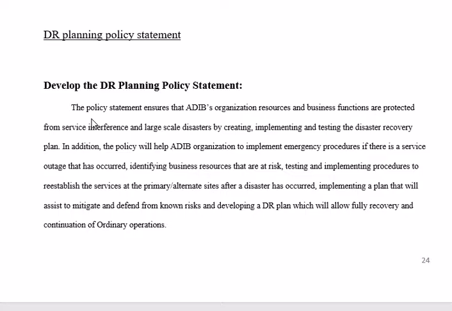The policy statement ensures that ADIB's organization, resource, and business function are protected from service infrastructure and large-scale disasters by creating, implementing, and testing the disaster recovery plan.